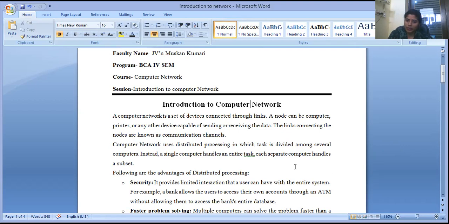A node can be a computer, a printer, or any other device that has the capability of sending and receiving data. The links connecting the nodes are known as the communication channel, through which we connect two nodes, two servers, or two computers.